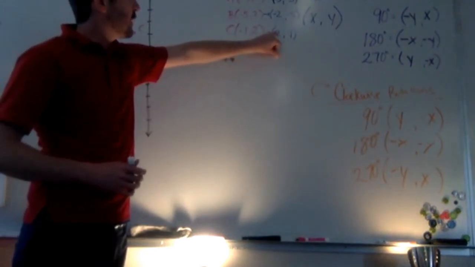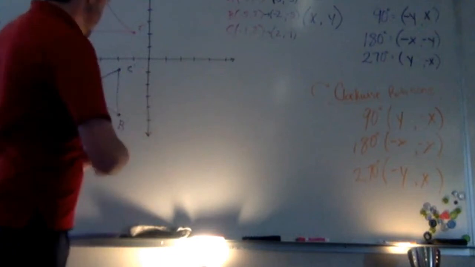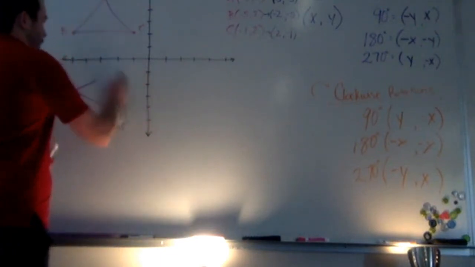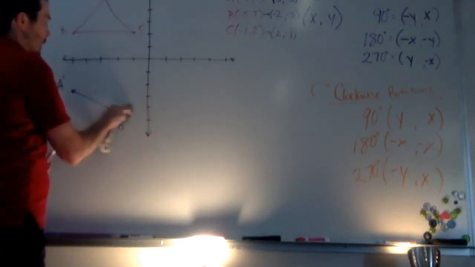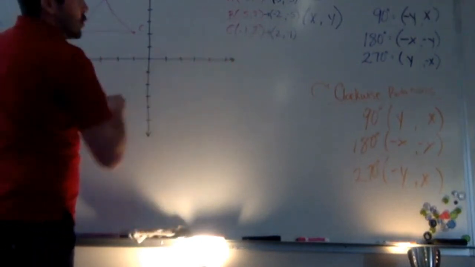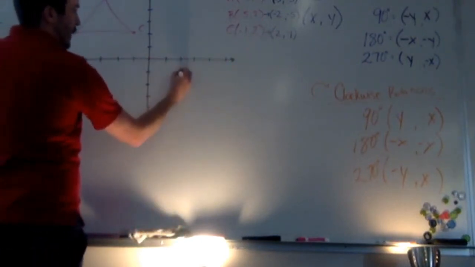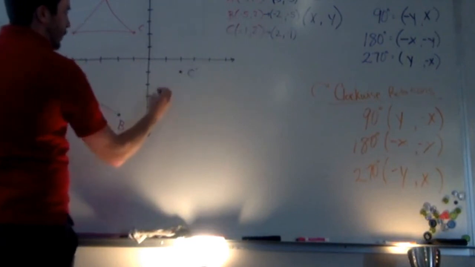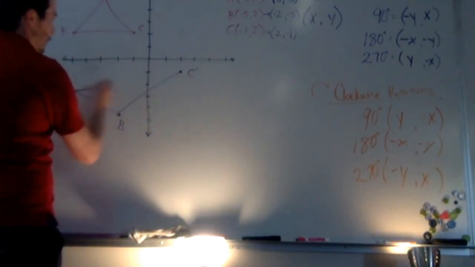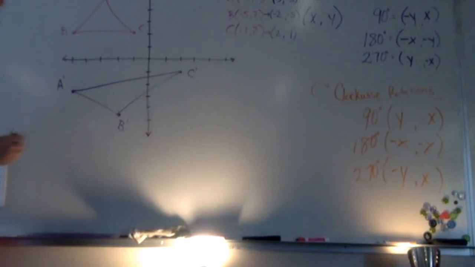Now, say you get caught up here and you forgot to flip one of these. Say you forgot to make this C. Instead, you made a mistake and you wrote down 2, -1 for C prime. Does the original shape and our rotated shape look the same?